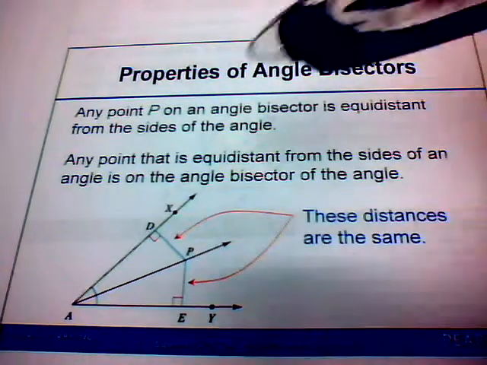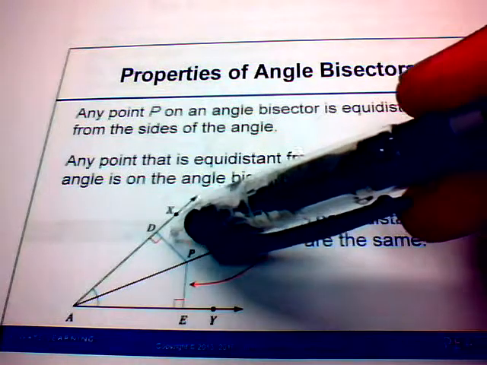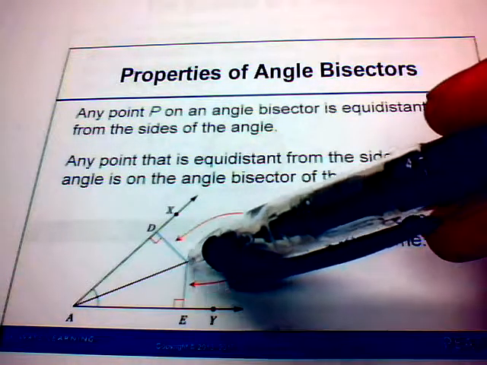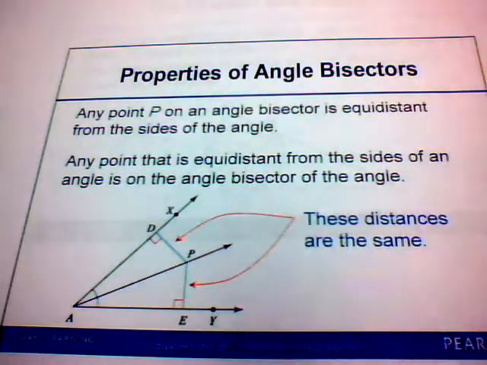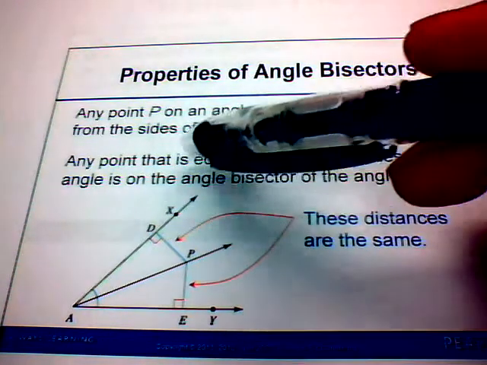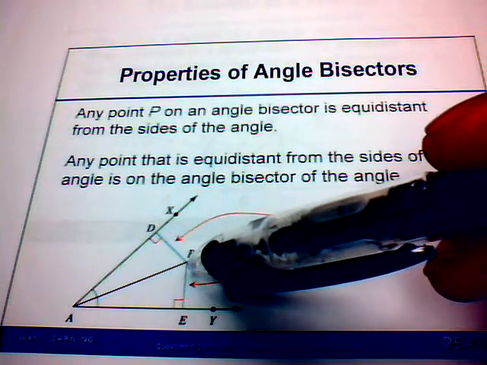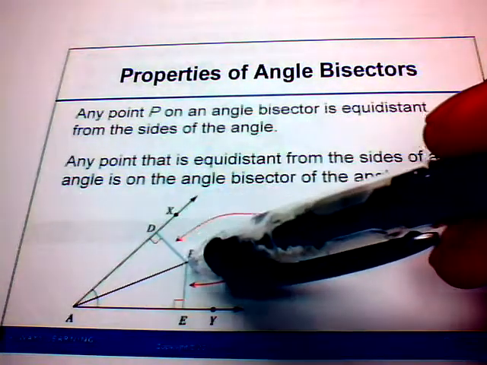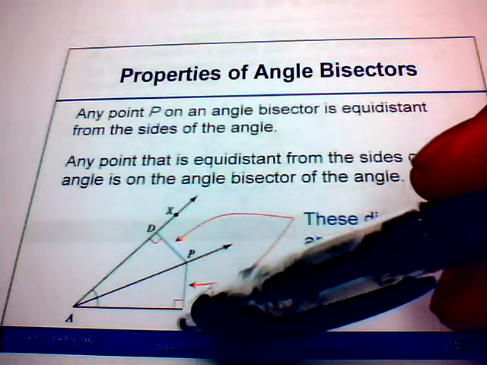Now, take a look. The distance from P to D is the same as the distance from P to E. So any point P on the angle bisector is going to have the same distance from the sides of that angle.